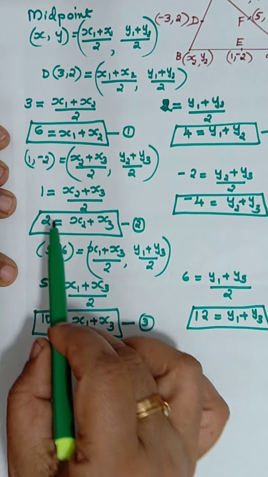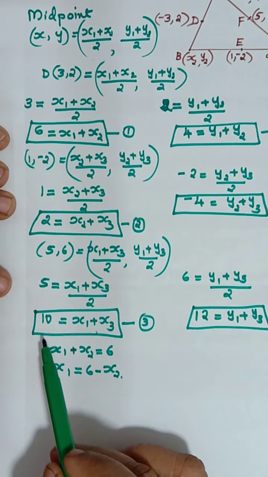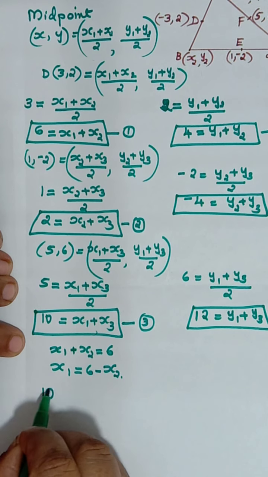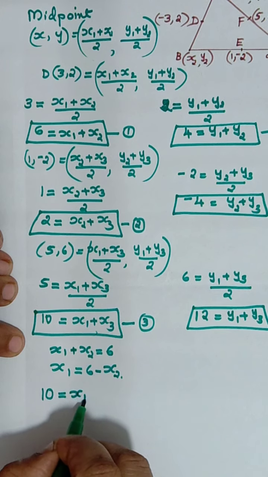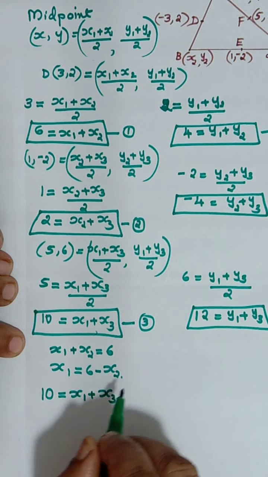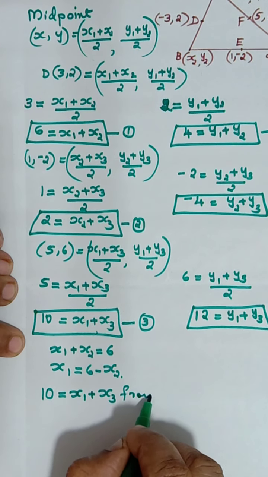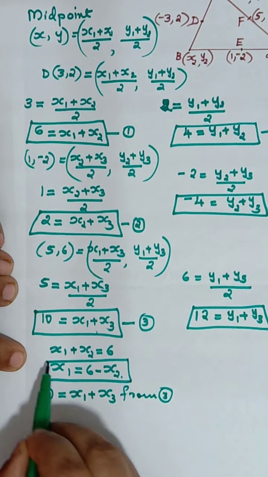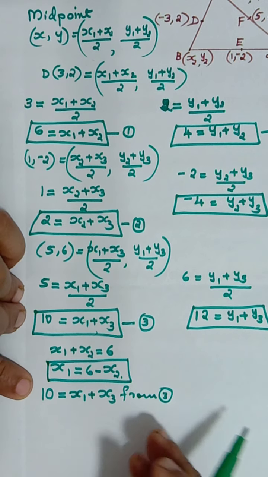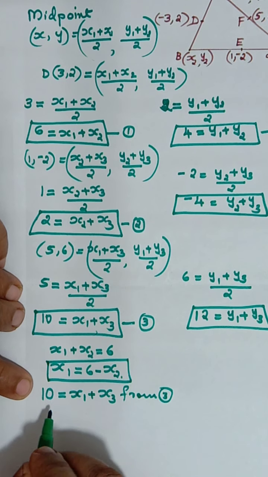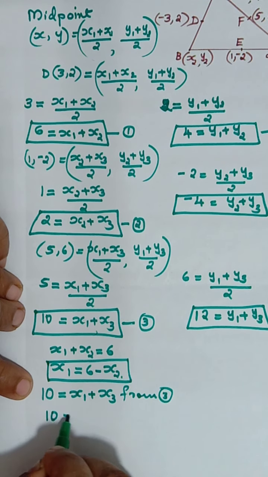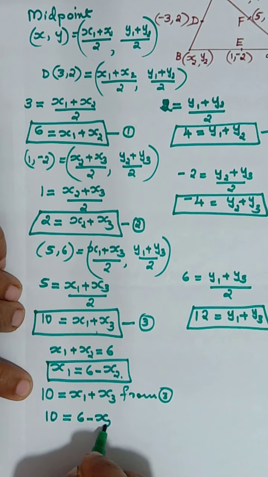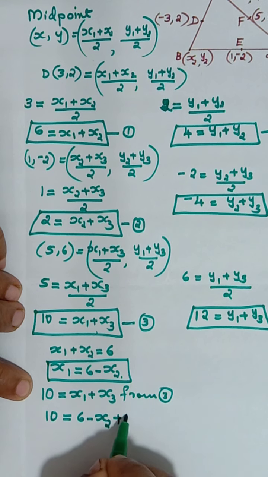Do we have x1 in the second one? It is not there. So in the third one we have x1. The third equation is 10 is equal to x1 plus x3. Now we substitute this x1 value in it. When you substitute, 10 is equal to (6 minus x2) plus x3.